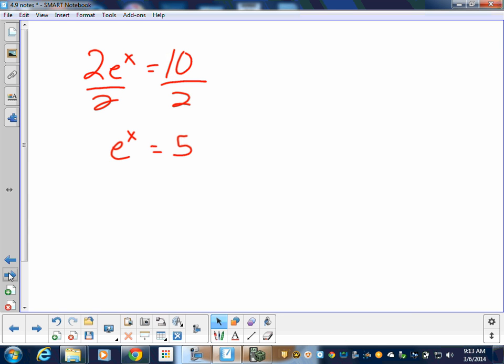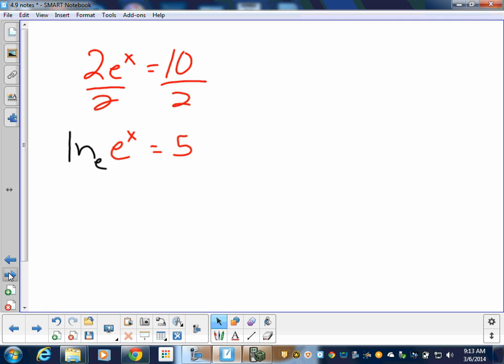Here, I need to get rid of this. So to get rid of that, I take the natural log of this side. Because the natural log, log e of e. Yesterday, I wrote log base 5 of 5, and we were all really comfortable with writing 1. Nobody had a question. Right, I'm writing log e of e. But log e, when the base is e, is called the natural log.